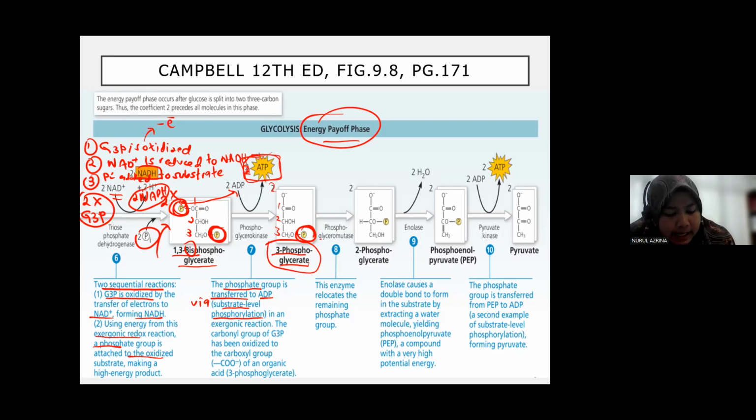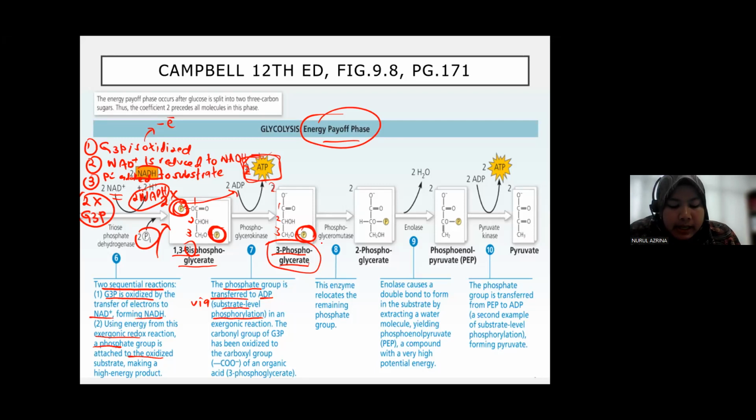The next enzyme is phosphoglyceromutase. Okay, tak payah hafal. This enzyme relocates the remaining phosphate group. Relocate means apa?